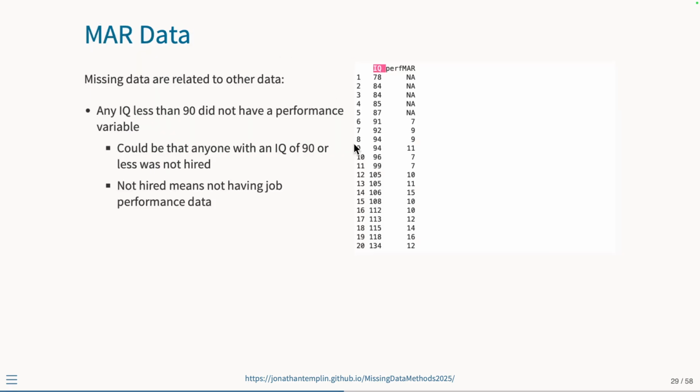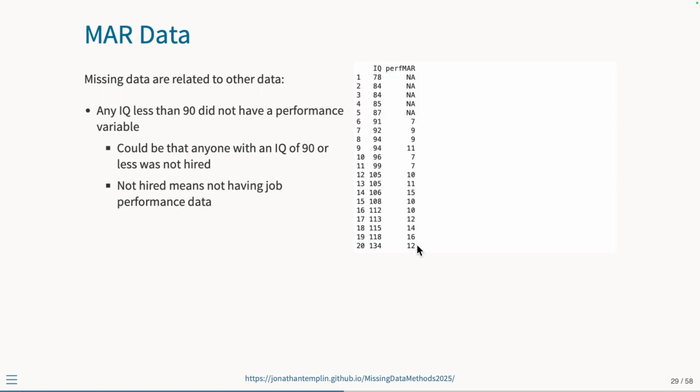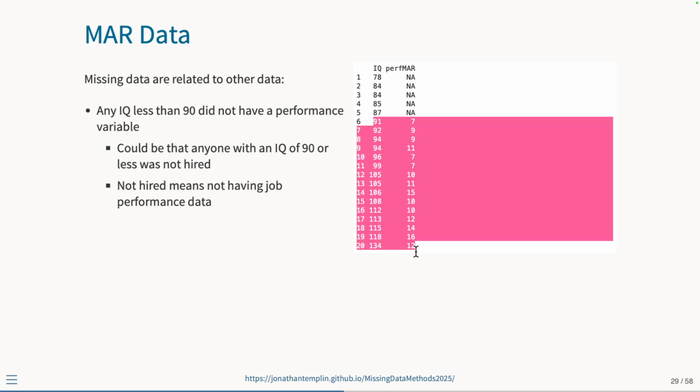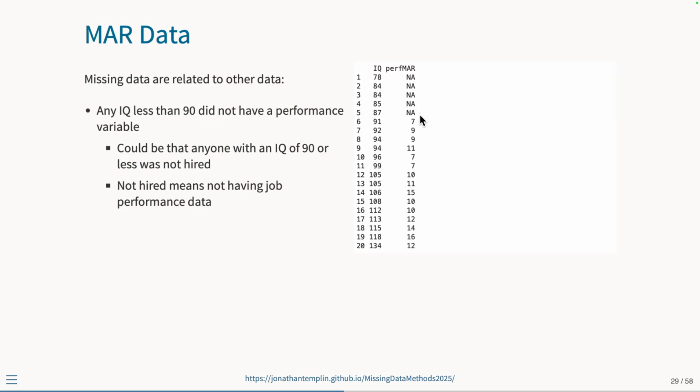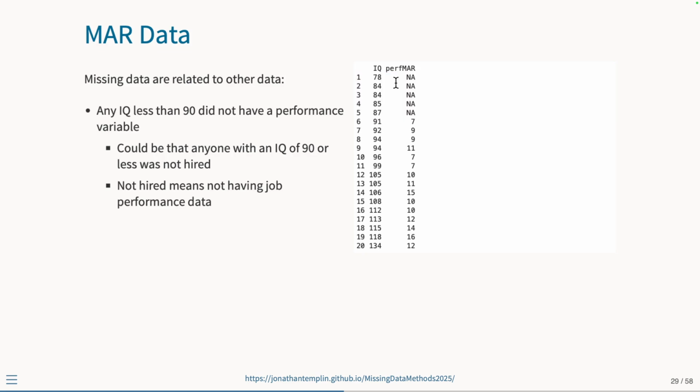Think about this linear regression here. It's truncated because there's nobody below 90 that has a performance score, right? So what we may end up seeing is that the regression might not be as steep, predicting performance by IQ, right? It's truncated, attenuated, sometimes we call it. That is a classic problem in the measurement world for validity studies, where we take an outcome of a score, singly impute a score, remember that, single imputation, and then correlate it.